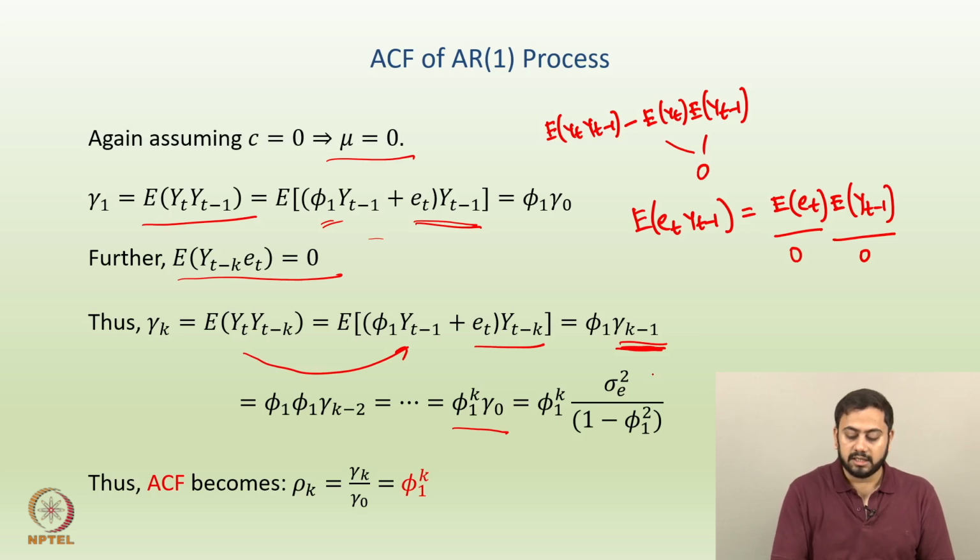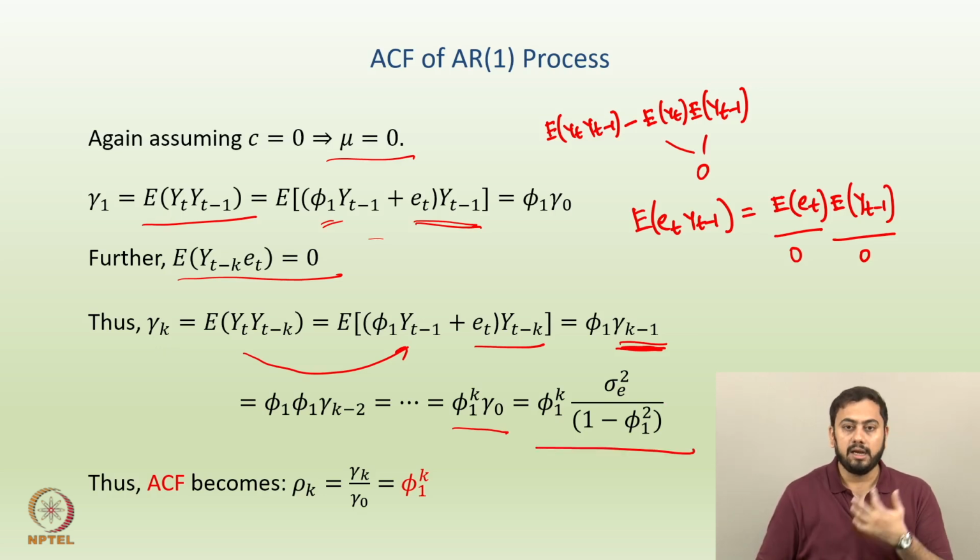Gamma 0 is nothing but the variance of AR1, so we can use the same variance structure from the last class and replace it here. So we get that gamma k for any AR1 process is phi 1 to the power k multiplied by sigma square E divided by 1 minus phi 1 square.